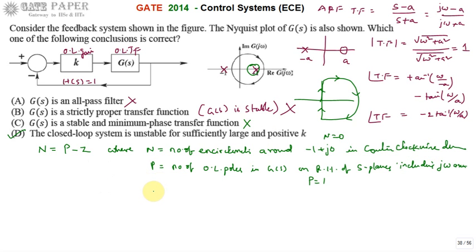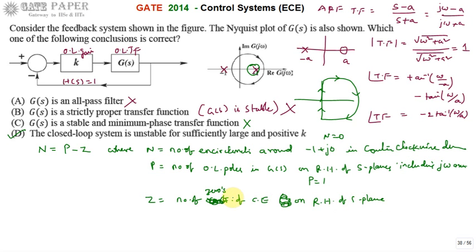Next, what is meant by Z? Z is the number of roots of the characteristic equation, that is, the number of zeros of the characteristic equation on the right hand side of S-plane.